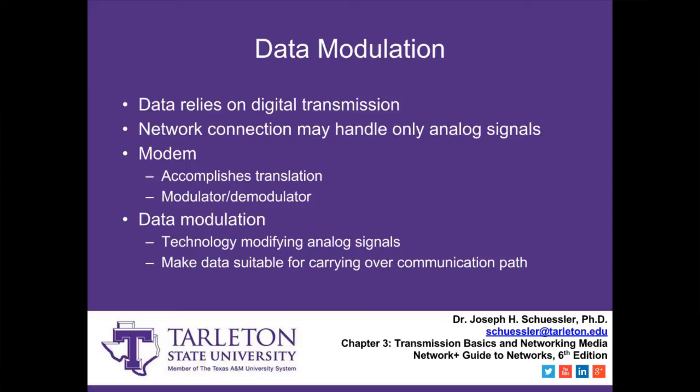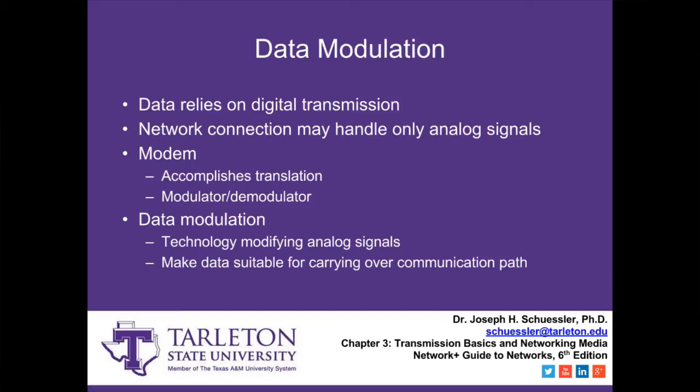A network connection may handle only analog signals. Modem actually stands for modulate, demodulate. So these are 2 devices, a device on each end. On one end, it allows you to take a digital signal that's going to come from a computer, convert it into an analog signal to be transmitted across an analog circuit, and then be received on the other end by another modem and converted back into a digital signal so that the computer on the other end can understand that.